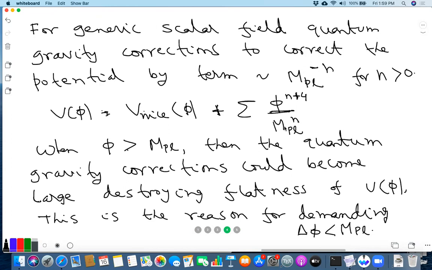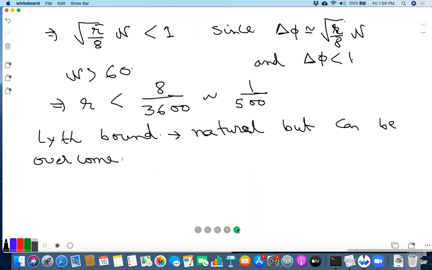One class of models is called the axion monodromy models, where basically you think of the phi as an axion field, and there are other reasons to believe that that potential should remain flat even under quantum gravity corrections. So it's not that this bound cannot be violated, but in general this bound exists for a generic potential.